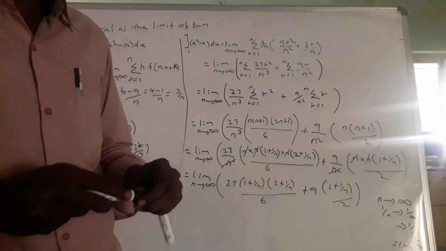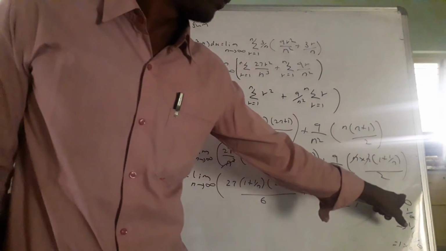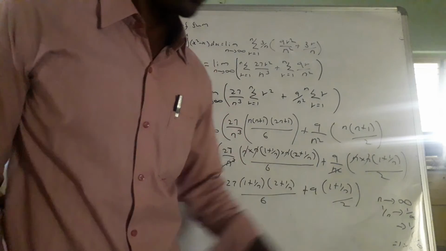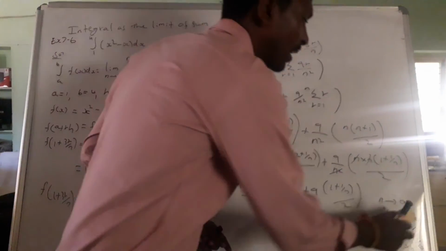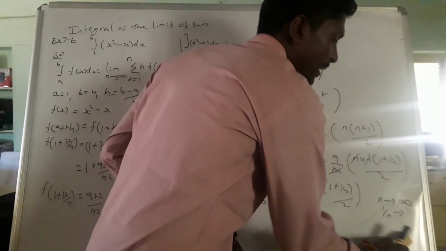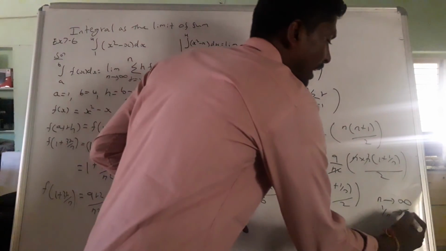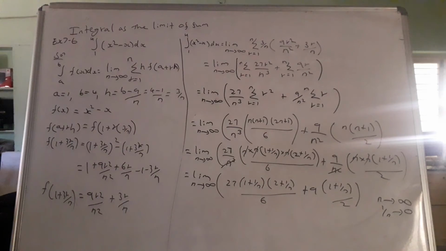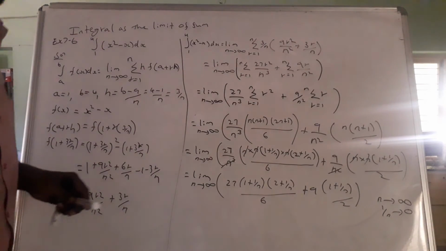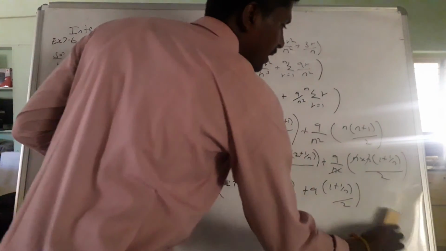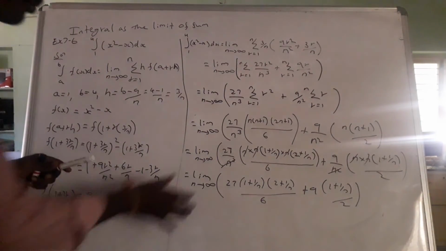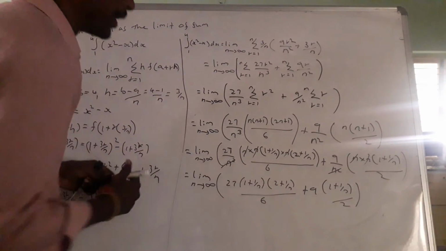Simple idea: when n tends to infinity, 1 by n tends to 1 by infinity, that is called 0. So when we have limit n tends to infinity, instead of 1 by n you substitute 0. Otherwise no problem, you can just replace, remove the limit, and instead of n substitute infinity.